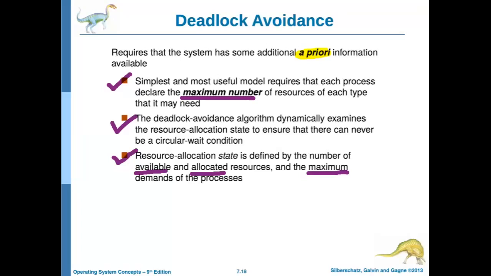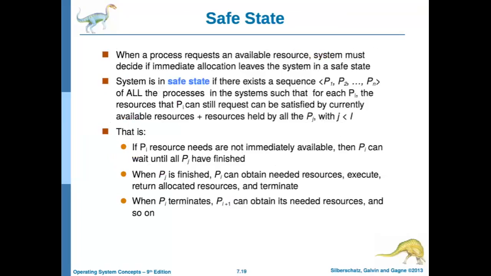Now there is a concept called a safe state. When any process requests the available resource, the system must decide if immediate allocation leaves the system in a safe state.